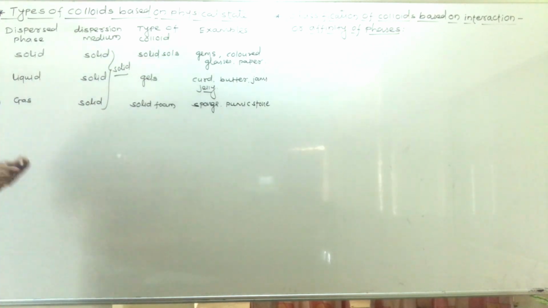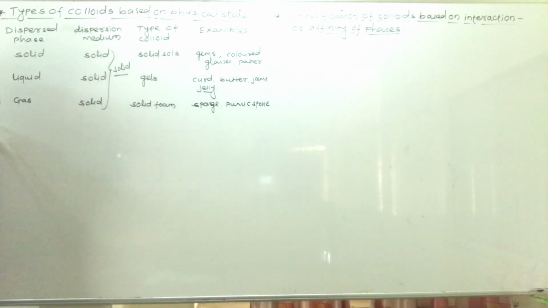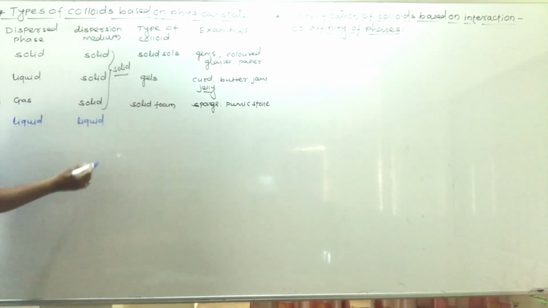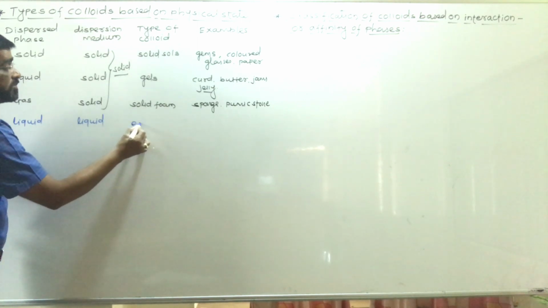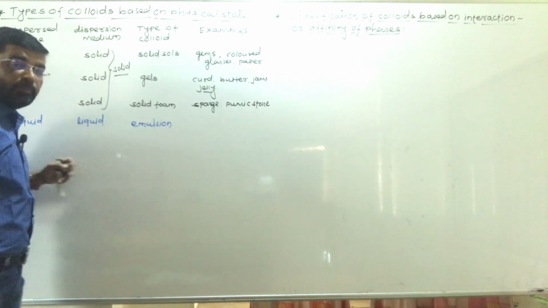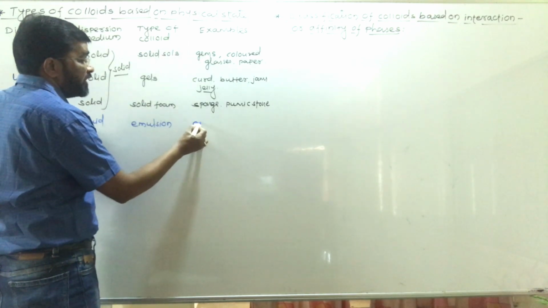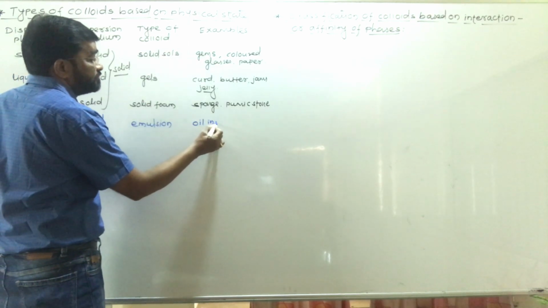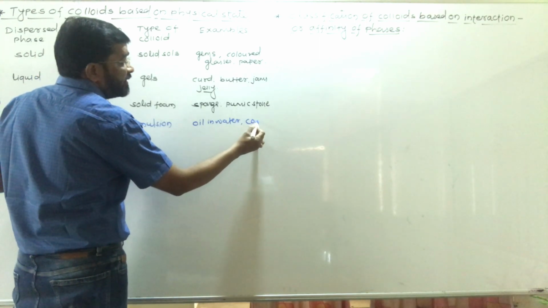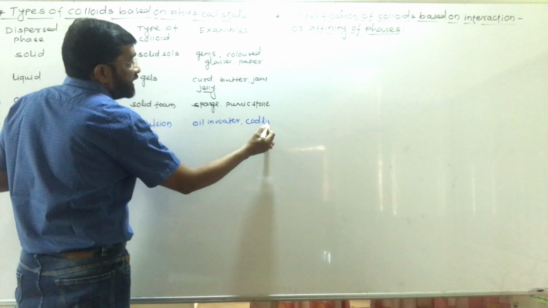Next type of solutions, that is the fourth type of solution, liquid in liquid type of solution. Liquid in liquid type of solution are called emulsions. So emulsion, oil in water, water in oil, cod liver oil.